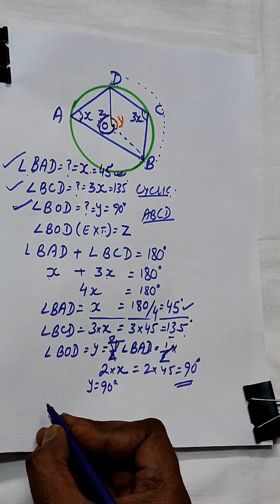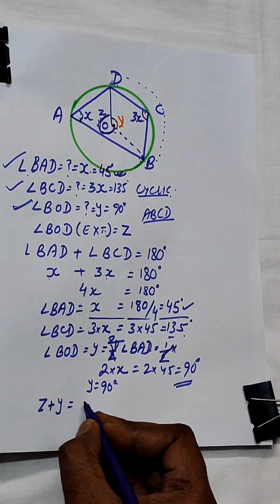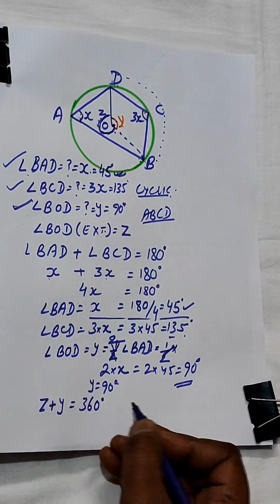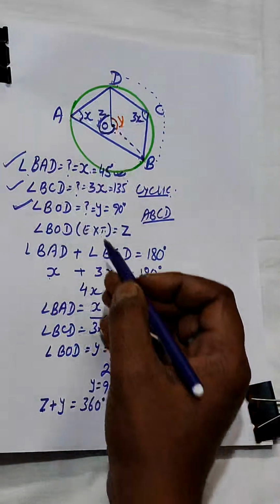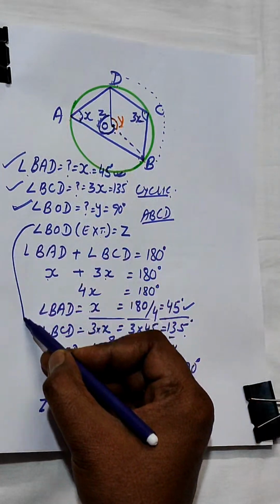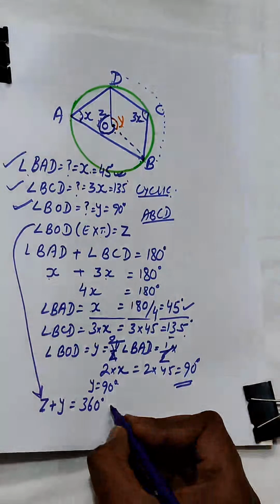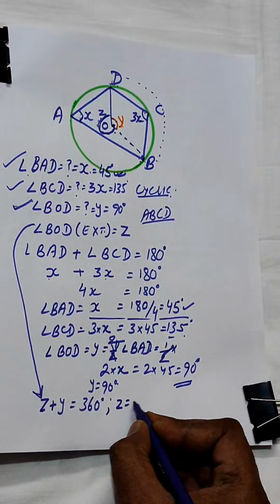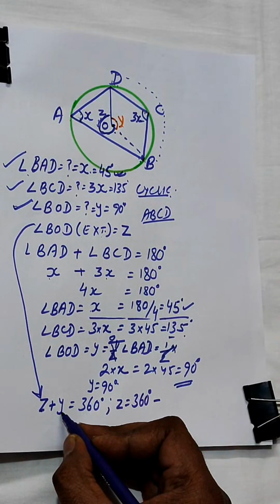So we can say that Z plus Y equal to 360 degree. And Z is the same BOD exterior, right? So Z is equal to 360 degree minus the value of Y.